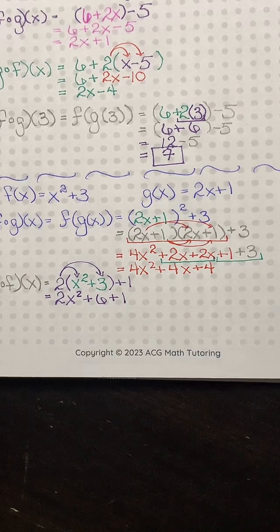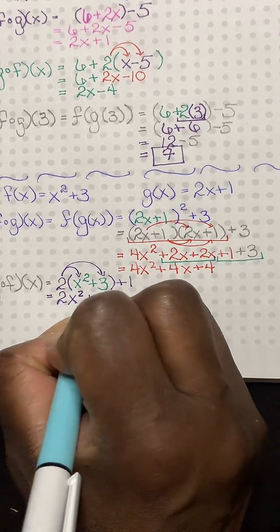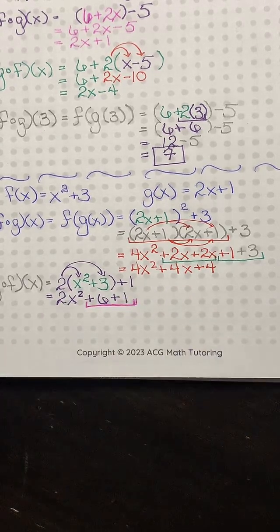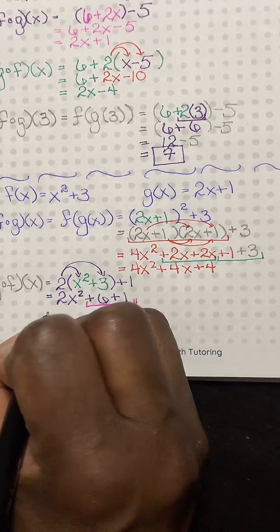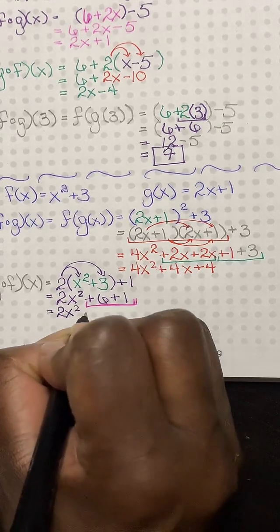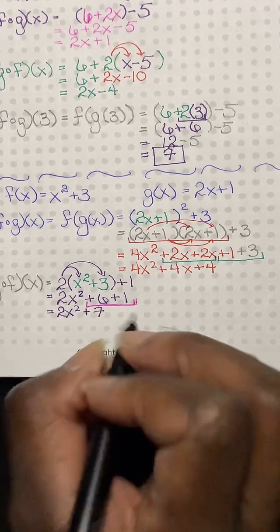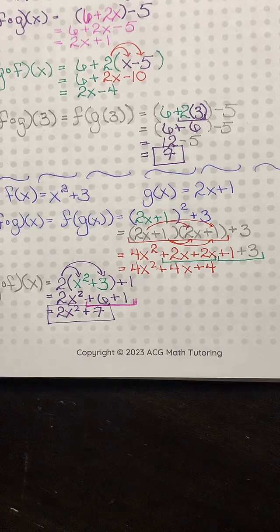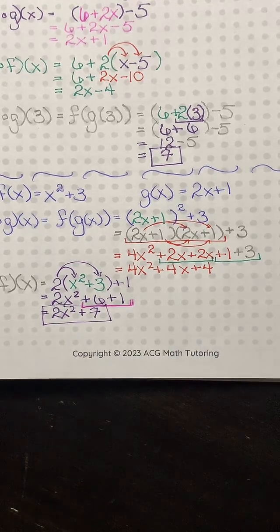And if you haven't noticed, we got like terms right here. So all we need to do is combine our like terms. So you have 2x squared plus 7. And that's your answer. Oh, I forgot to box my answer over here.